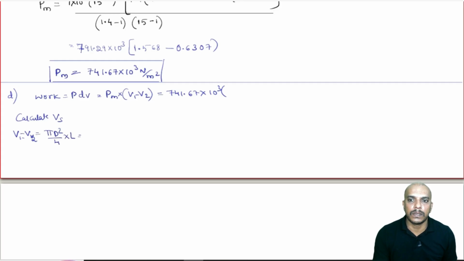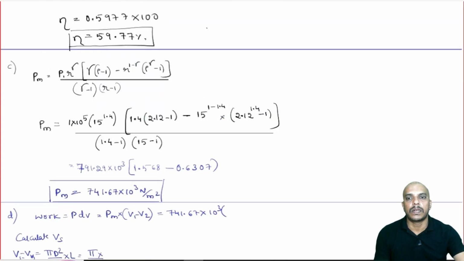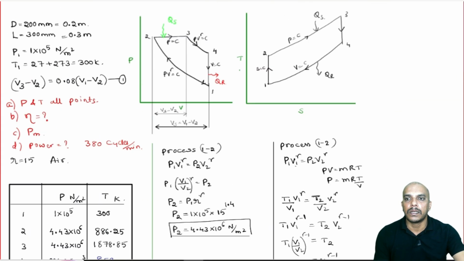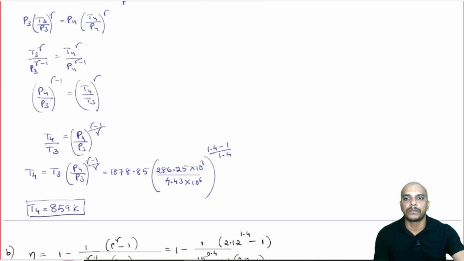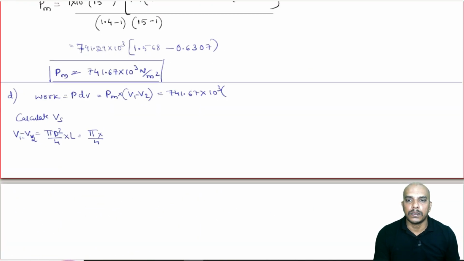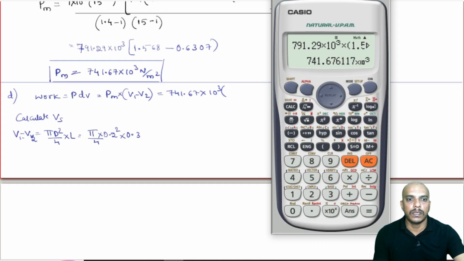We have been given the value of diameter and length. So let us look at the diameter and length. Diameter is 0.2 and length is 0.3. So this is pi into 0.2 square into 0.3 divided by 4, which will give us the value of swept volume.